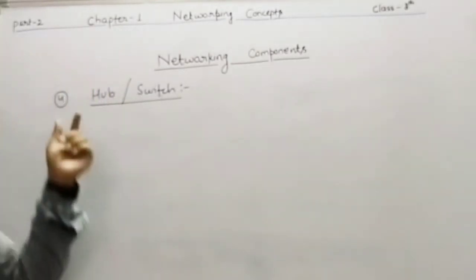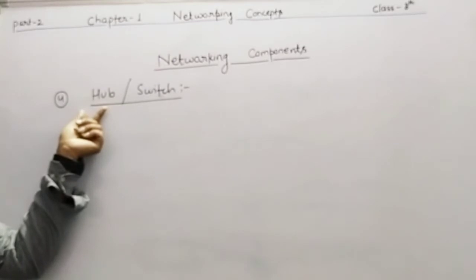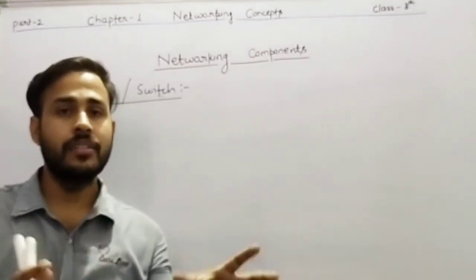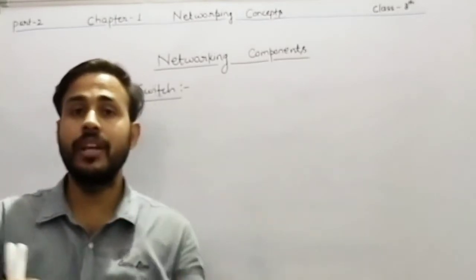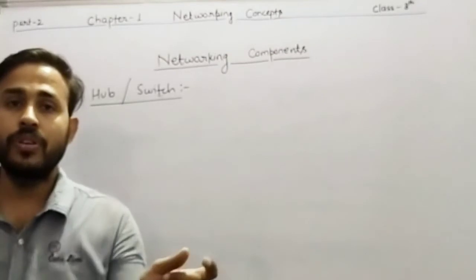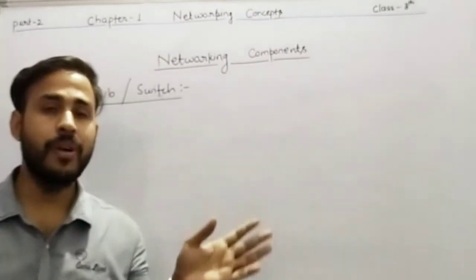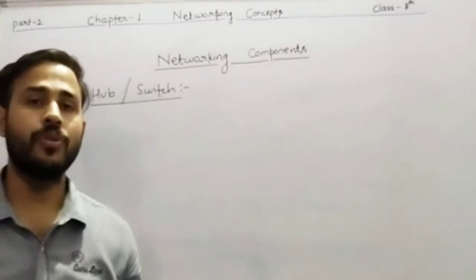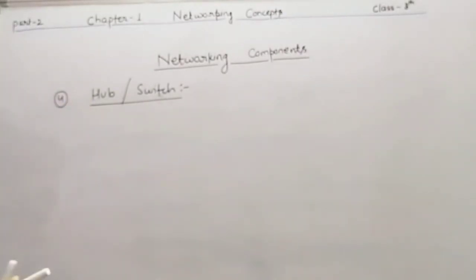But if we are talking about a hub, two or more networks are linked together, and if we send data to a particular port, then that data gets transmitted to all the ports if we are using a hub.